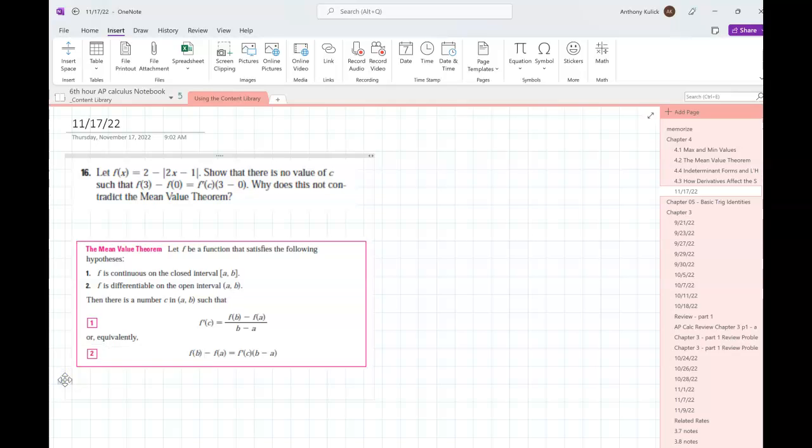F is continuous on the closed interval AB. So my f of x here is this absolute value function, definitely continuous on that interval. F is differentiable on the open interval AB.